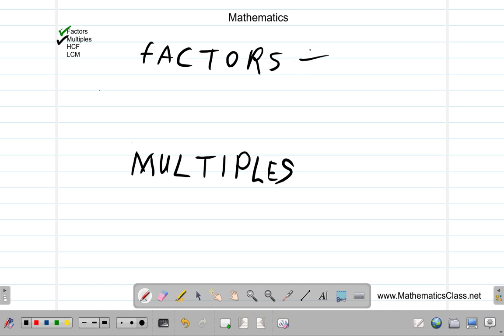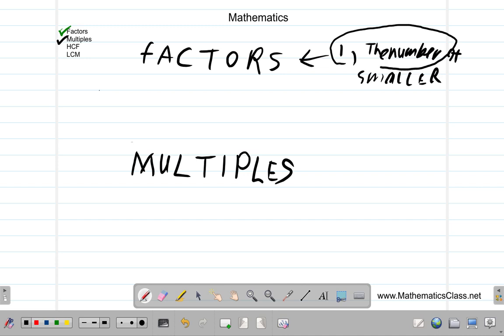The factors of a number are either 1 or the number itself or smaller numbers. Factors of a number are always 1 and the number itself. But then you have smaller numbers that can divide into the number without leaving a remainder.